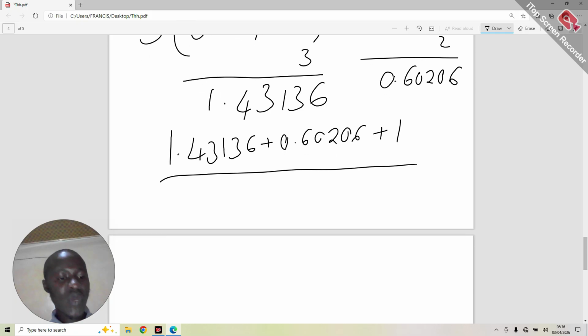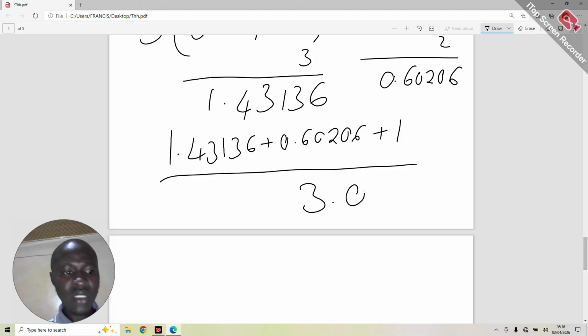So when we add all of that, 1.43136 plus 0.60206 plus 1, we are getting our answer as 3.03342.